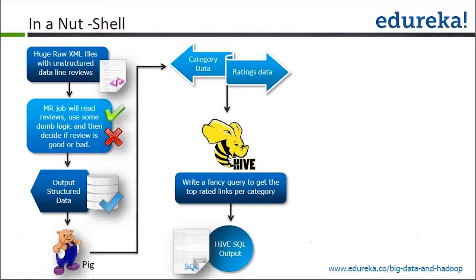For reports, users need low latency. So you expose all the data you get from the Hadoop aggregation into some kind of RDBMS, maybe Teradata or MySQL, and then your reports connect to that database and consume the data.